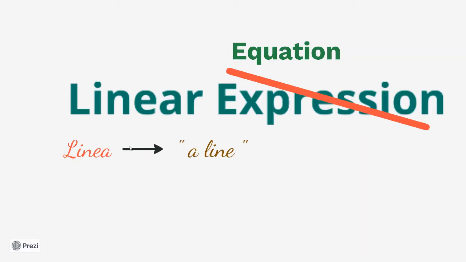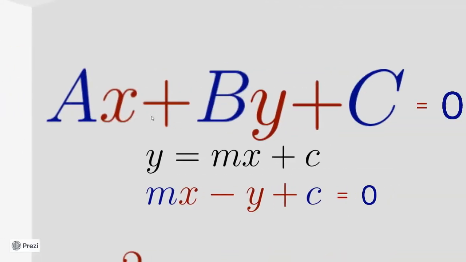If you look at the word carefully, you will see linear has the word line in it. So whenever we have a linear expression or a linear equation, we will get a straight line. That's the meaning of the word. That is why this type of equation, ax plus by plus c is equal to 0, is called the general equation of a line.